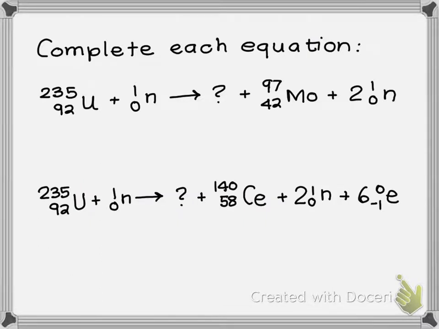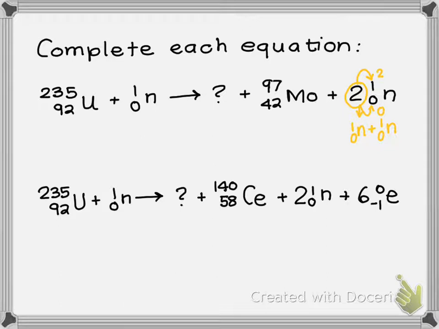Now I wanted to show you this example because if you see here we have a coefficient. What this coefficient means really is that I have 2 of these neutrons, so you could think of it separately like that. Or you could see that if I want to figure out what it's going to add to the mass number or the atomic number, I could say 2 times 1, that would be a 2, and 2 times 0, and that would be a 0.